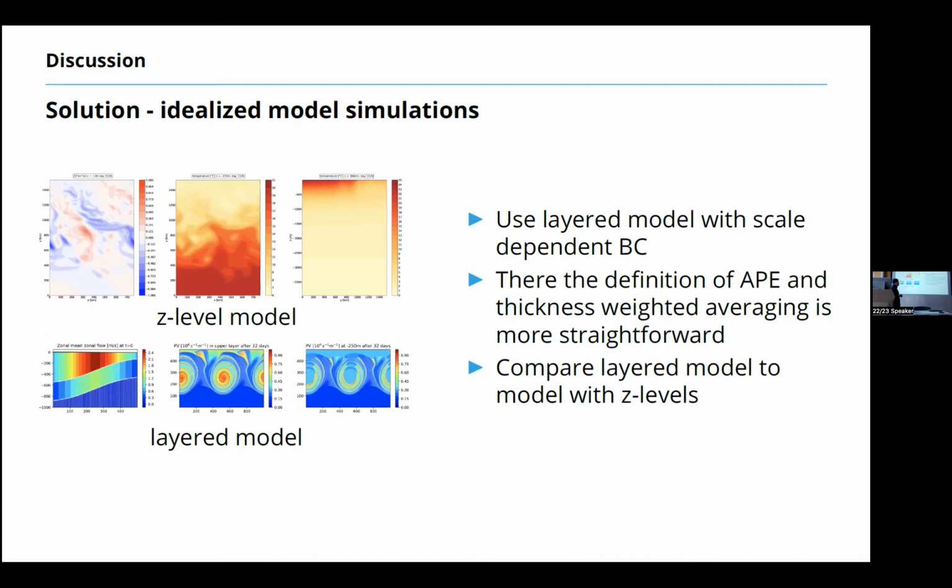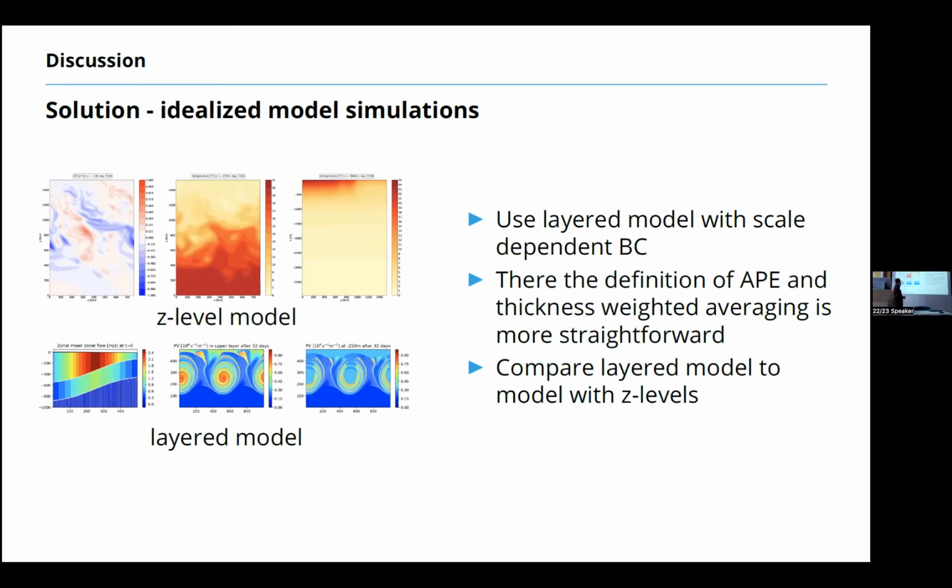And then compare that to idealized Z-level setups, which also feature this scale-dependent baroclinic conversion term. By this comparison, I will be able to estimate the effect of the definition of potential energy and also the thickness-weighted averaging.